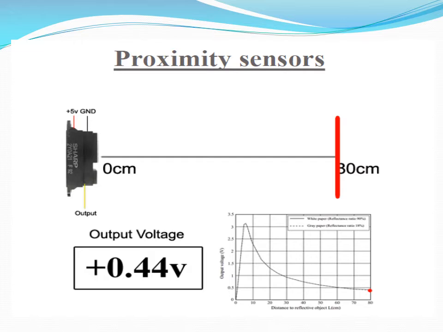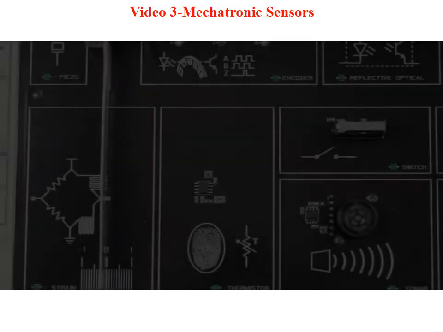In the graph you can see that as the distance keeps increasing, for example at 80 centimeter, the voltage given is 0.44 volt. Whereas if the object is coming nearer to the sensor, you will get more voltage for the sensing purpose.